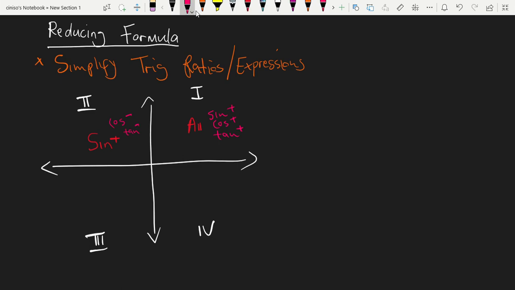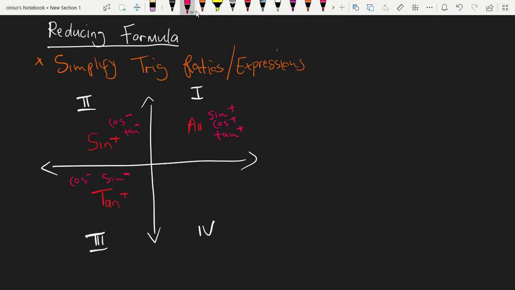And then we go to the third quadrant, which has T, meaning that only tan is positive in this quadrant, and the rest of your trig ratios are negative. Your cos is negative, your sine is negative, right?